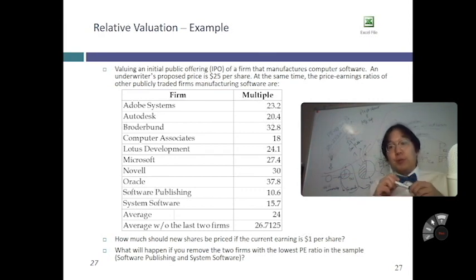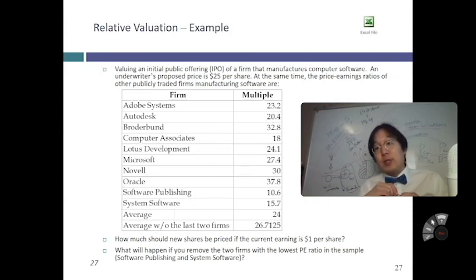How about Autodesk? 20.4. So different companies, but for $1 of net income, investors perceive Adobe as more valuable than Autodesk. They're willing to pay more dollars for each dollar of net income.